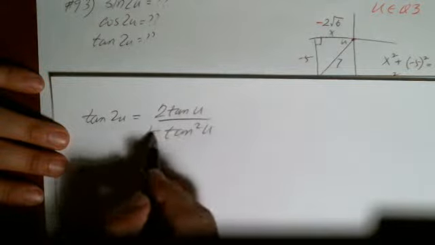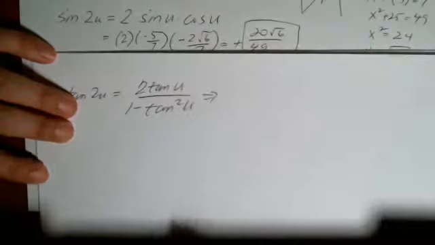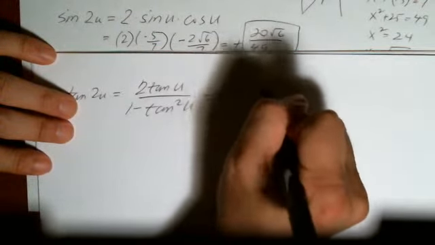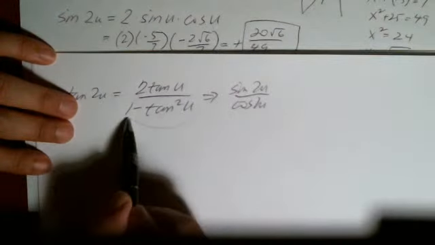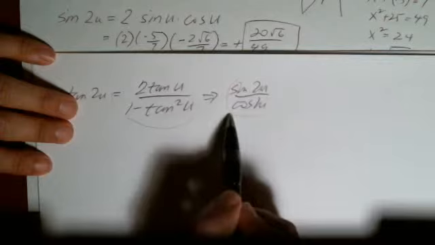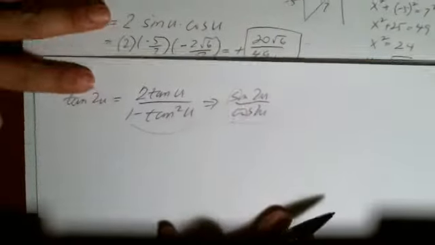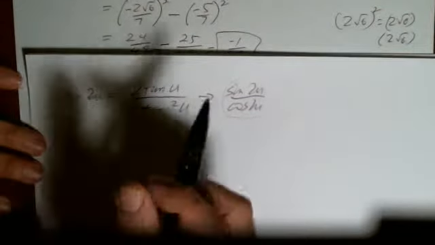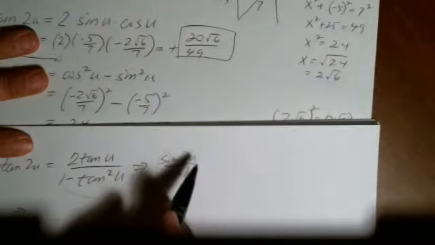I could have used this formula, or another way I could have done it was to use sine of 2u over the cosine of 2u. If I use this formula, I would get the same answer as the other formula. I'd rather use this one because I already have the sine and the cosine. So the sine of 2u is located right over here.